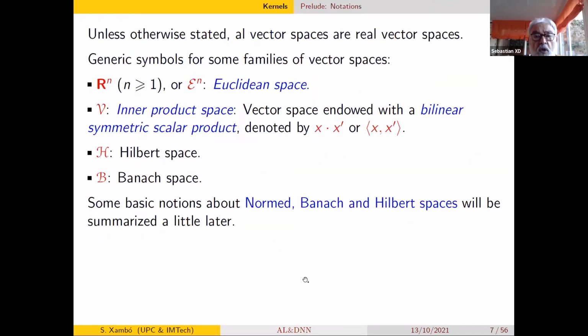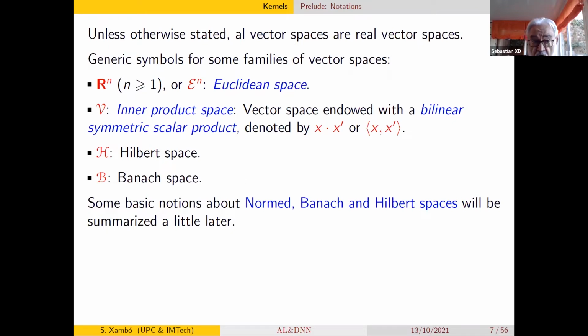So, still in the prelude, let's take some notions. Unless otherwise stated, all vector spaces will be real vector spaces. There are many things that can be modified easily to complex vector spaces, but it will not be my concern here today. Generic symbols for some families of vector spaces, I think, are convenient.